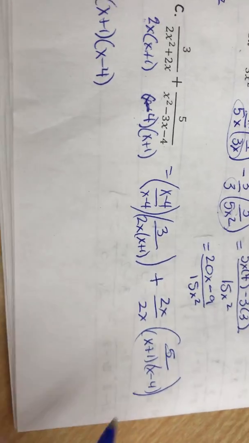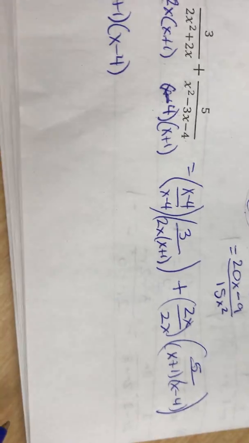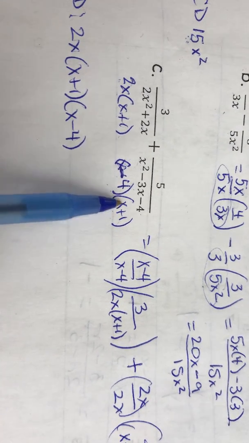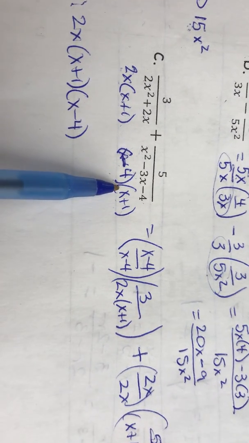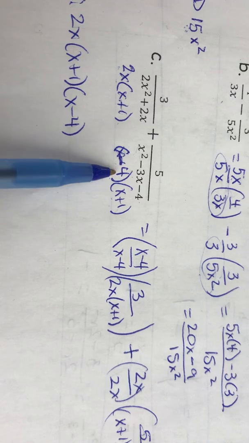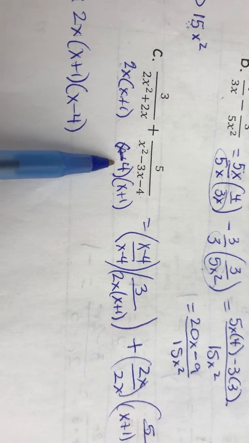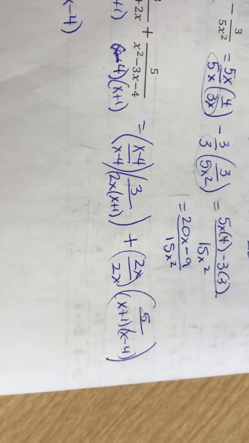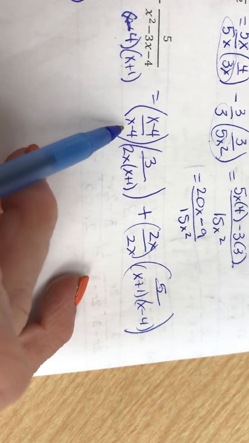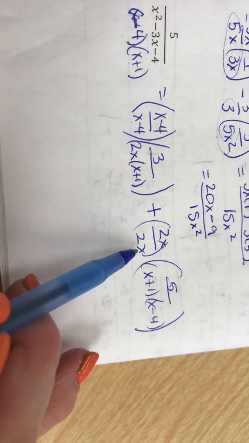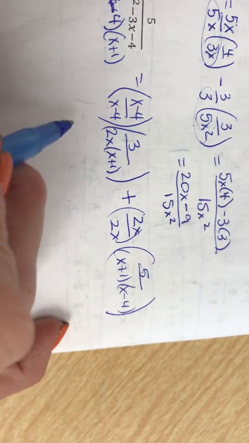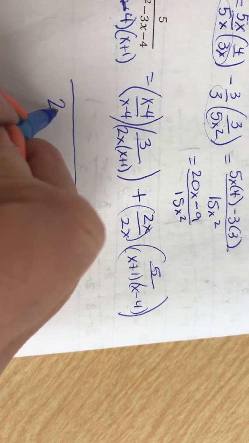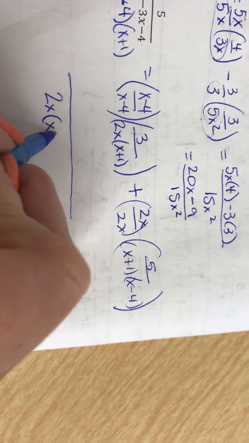A lot of students find these more difficult, and I think once you factor, they should be a little bit easier because you can literally see what's missing. This doesn't have the x minus 4, and this doesn't have the 2x, so that's what you multiply by. Now do you see how the denominators each have the same thing? Once they each have the same thing, you write that once.